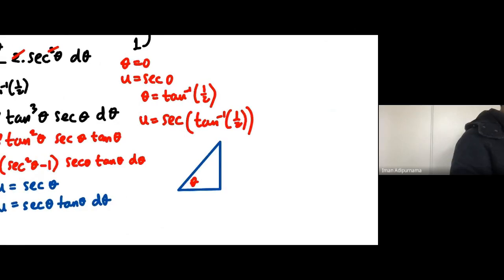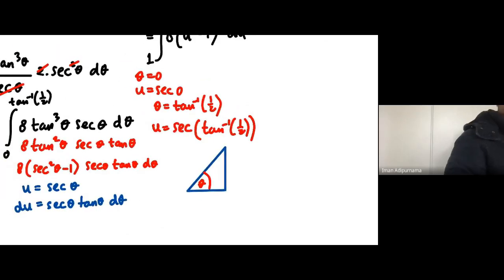So theta is a triangle with sides 1, 2, and square root 5, right? So secant will be what? Secant theta is square root 5 over 2. So this will be square root 5 over 2. Yeah, quite long. Okay.